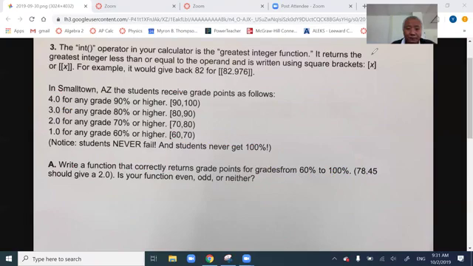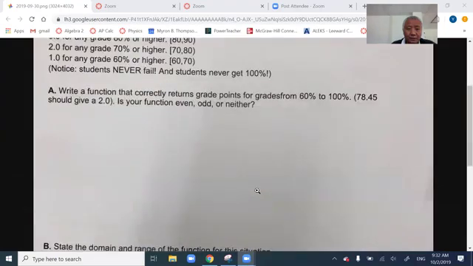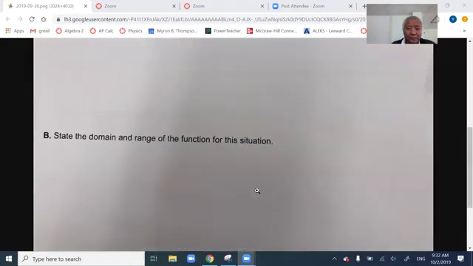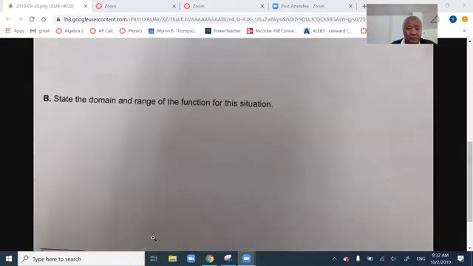So when you do part B, what is the domain and the range? From the question, we can see that the lowest grade you can get is 60%. What's the meaning of domain? Domain means all the values of x.